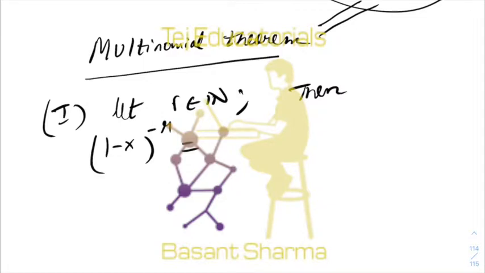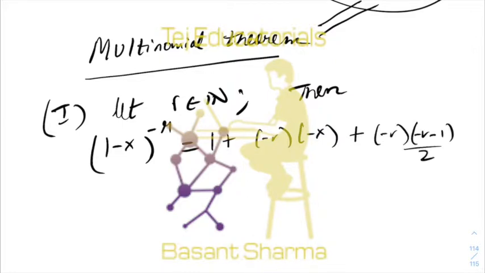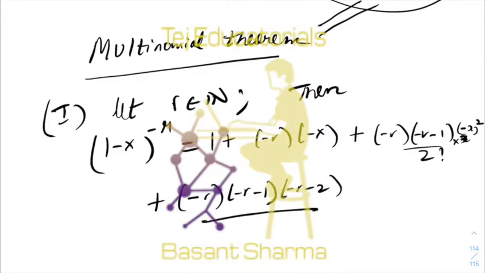What I mean to say is, if you have 1 minus x to the power minus r, the value of this expression is 1 plus minus r into minus x, plus minus r into minus r minus 1 by 2 factorial into minus x square, plus minus r into minus r minus 1 into minus r minus 2 upon 3 factorial into minus x cube, and so on till infinity.